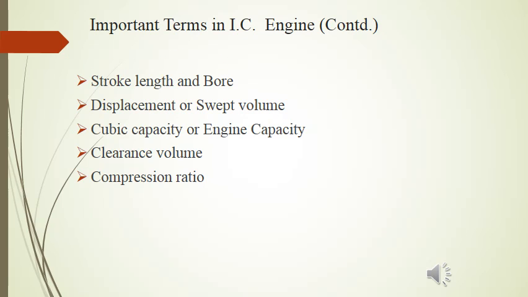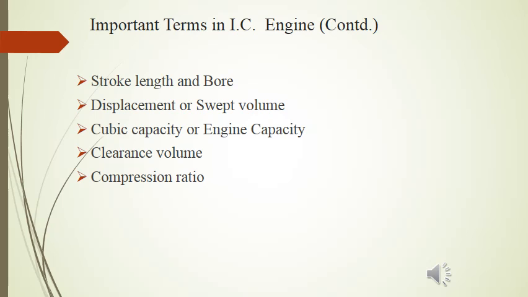There is one more term which is known as compression ratio. Compression ratio is the ratio of two volumes, that is the volume at the beginning of compression stroke and the volume at the end of compression stroke.